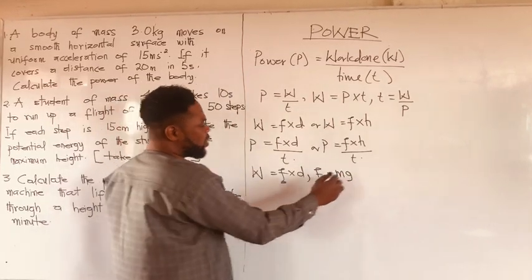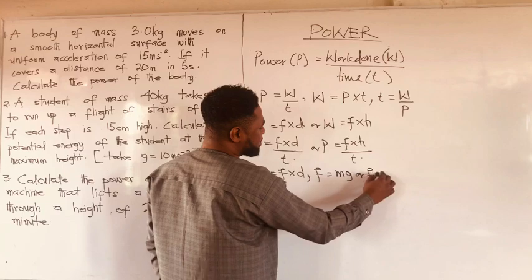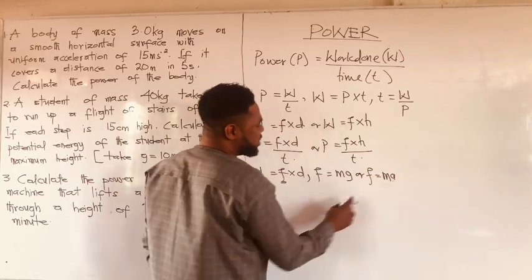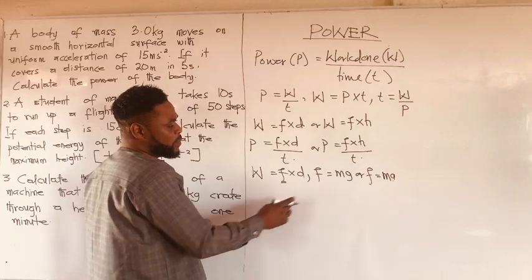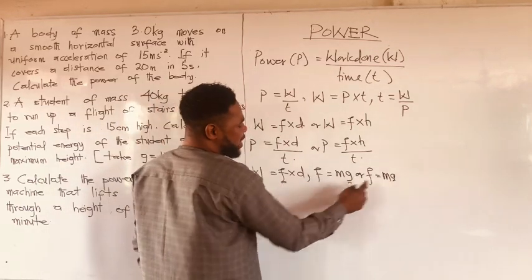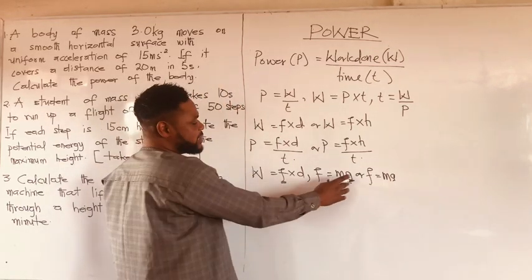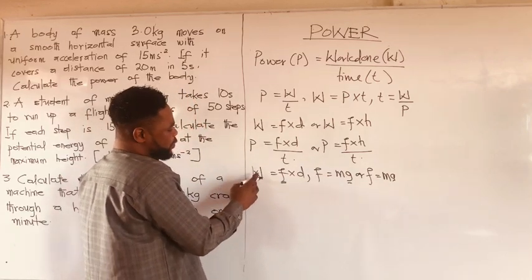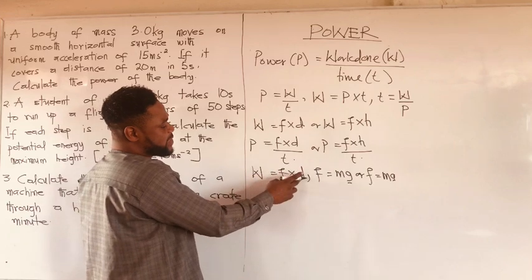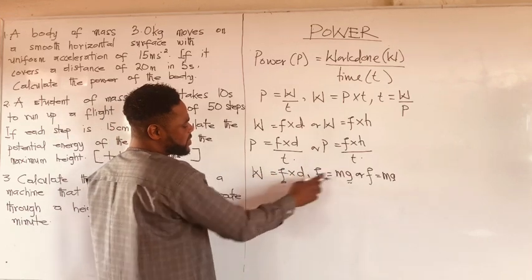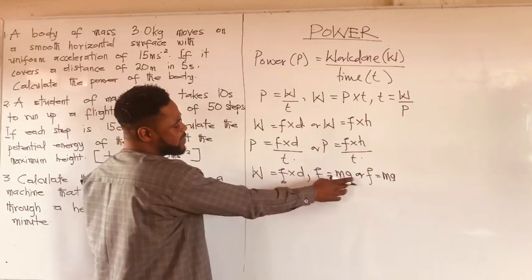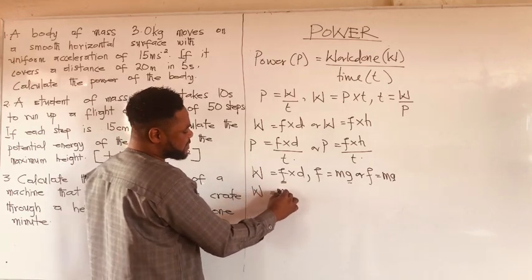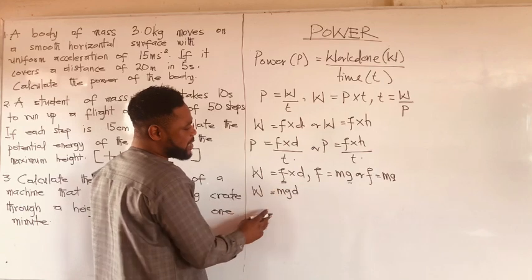Or the same force can also be given as mass times acceleration, that is A. The G and the A are different things. The G is gravity and is constant. So if work done is equal to force times distance, and force can be given as mg, then we can also say work done can be given as mass times gravity times distance.